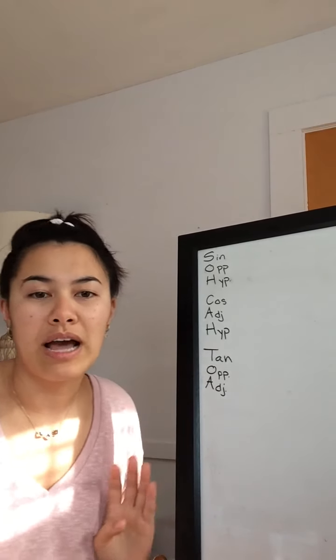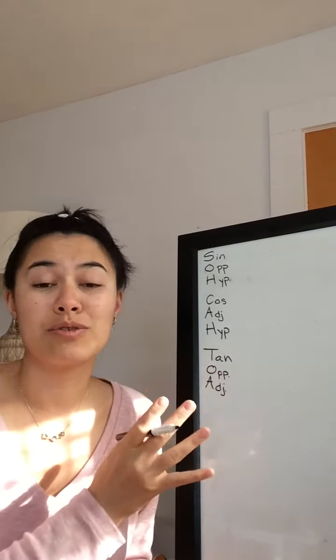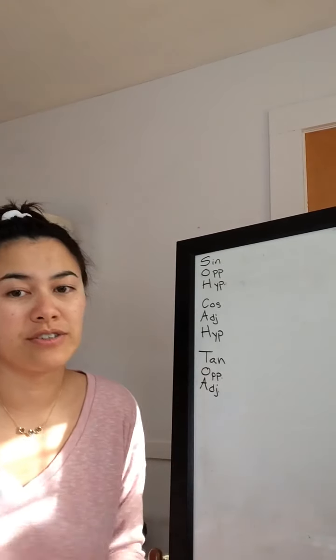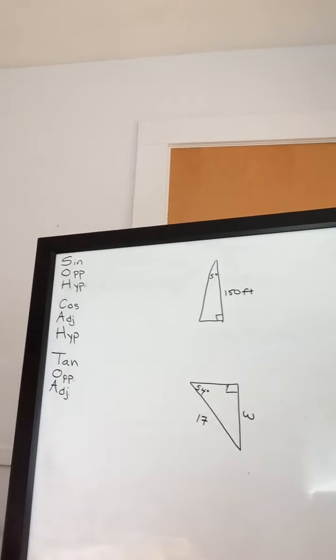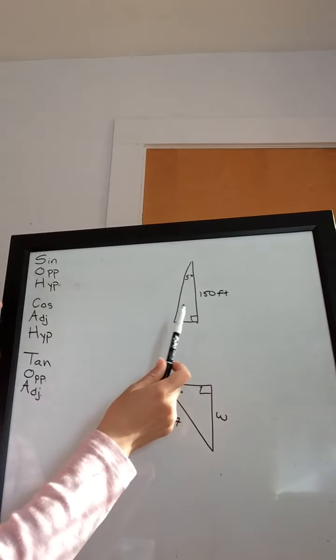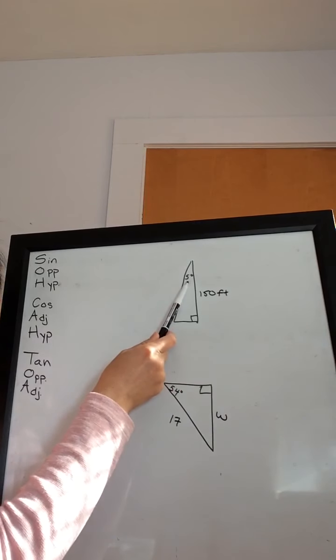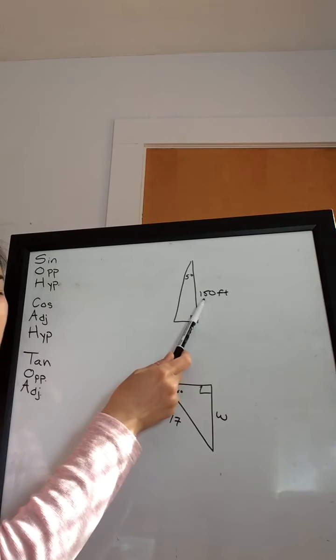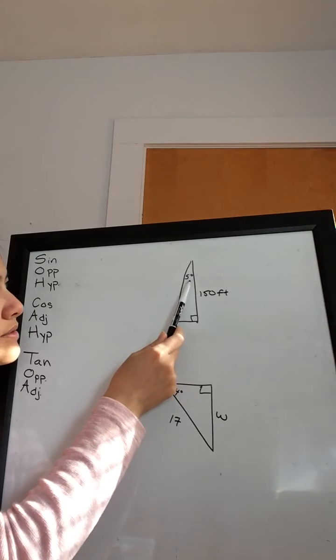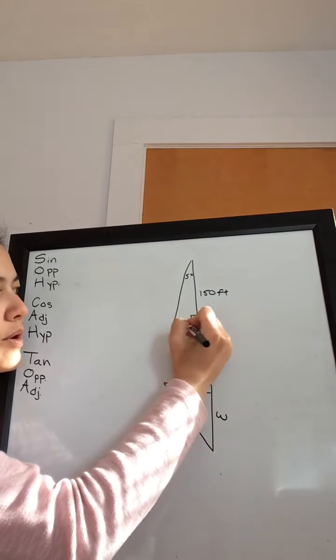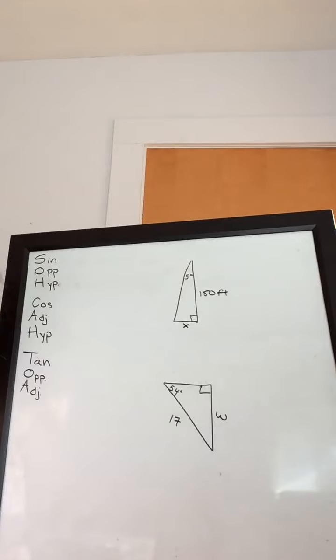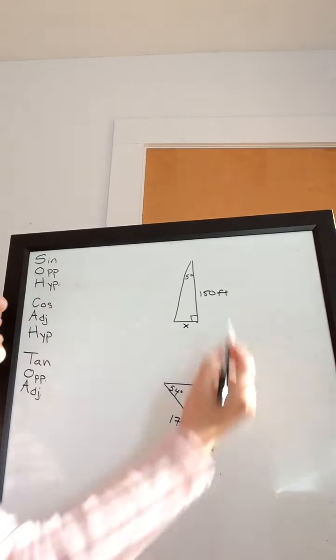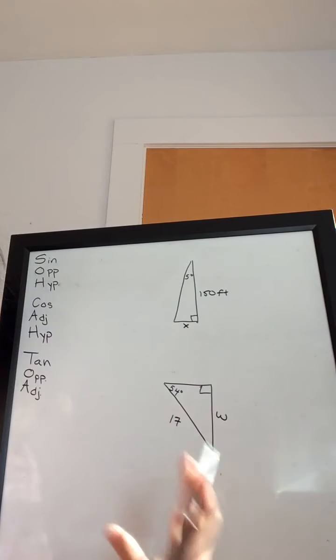So now we're going to actually use the ratios to solve triangles. So let's take a look here. If I have this and it's 5 degrees, let's say I want to know the distance of this side. I need to always think about the angle that you're given.